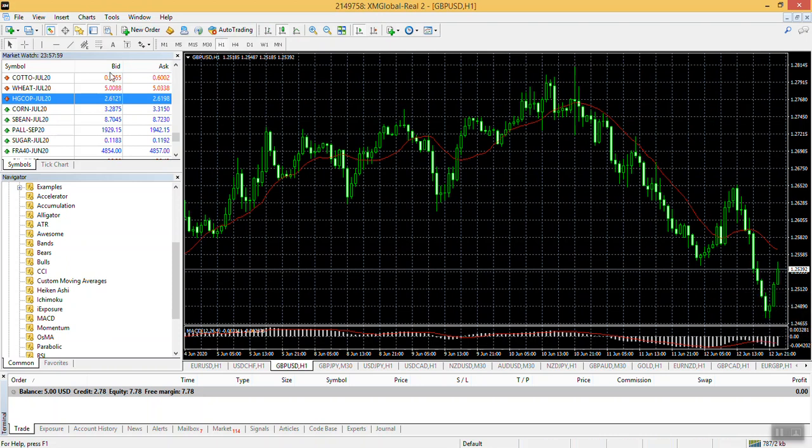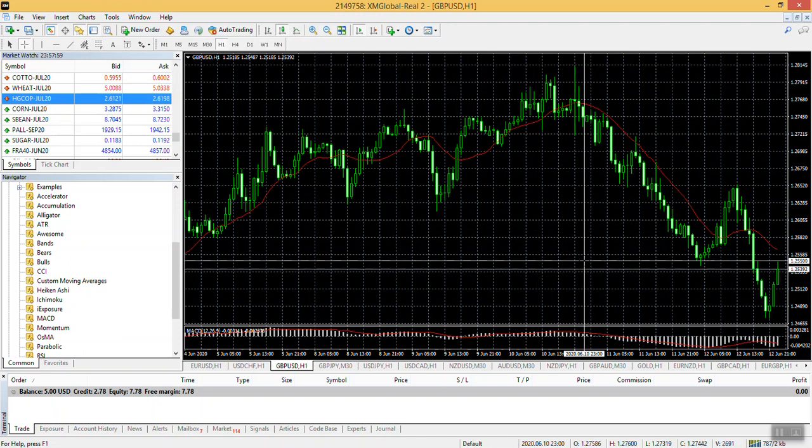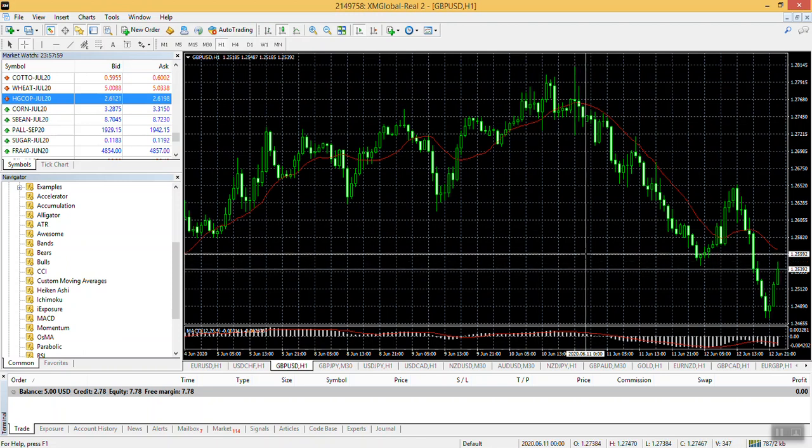So you can say that if the price reaches, let's say, 1.25592, we believe it will continue to buy. So in this case you place what we call the buy stop.